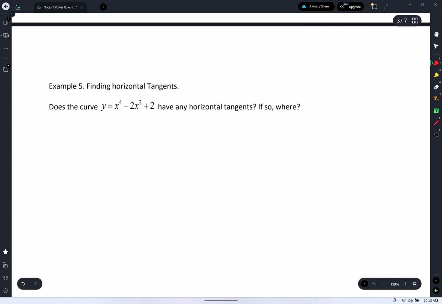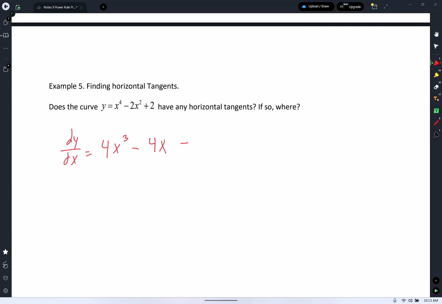So let's find our horizontal tangents by taking a derivative, which tells me how my tangent slopes behave. And I'm going to set that equal to 0 to find your x values. So here we go. dy/dx equals, what's the derivative of x to the 4th? 4x to the 3rd, or 4x cubed, minus, what's the derivative of 2x squared? 4x.